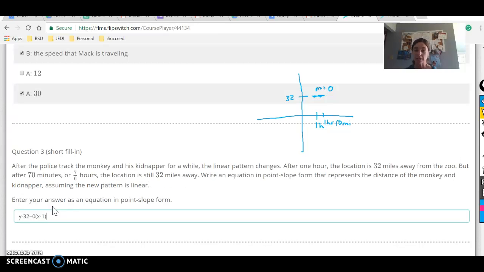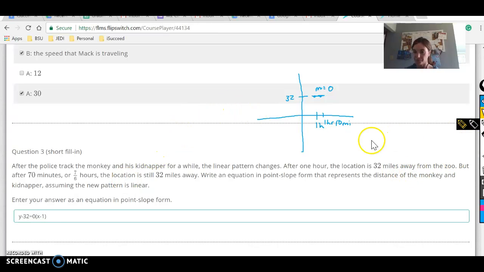In this situation, the distance is going to be 32 miles unless they move further away. I think I said 32 minutes. When my slope is 0, it's always going to be 32 miles away, as long as they remain at that spot or within that radius. So there are two things that could happen here.